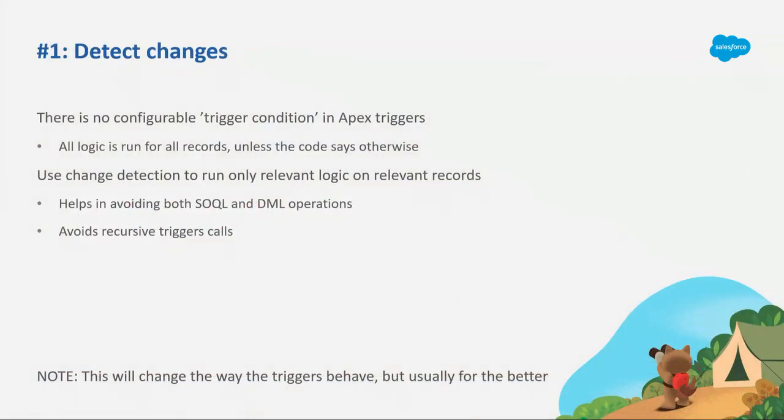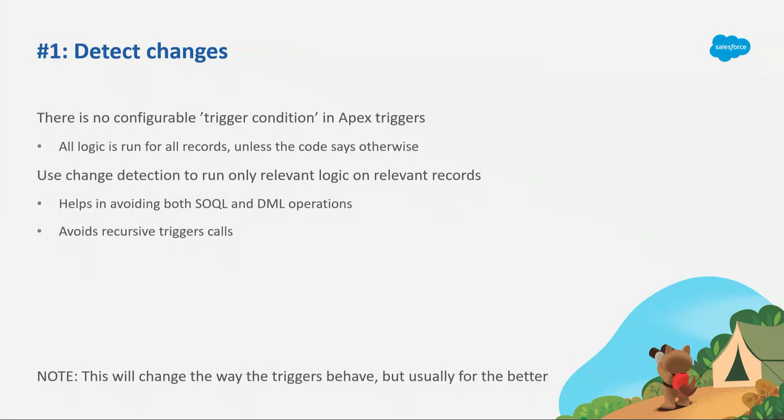So we should detect changes in the triggers. So in a sense, there is no configurable precondition on the triggers. We can, of course, state what is the event that the trigger reacts on, but basically nothing else. In the declarative automation, we have this possibility to use the isNew and isChanged functions, but in a sense, there is no similar concept in Apex. But we should build it in there.